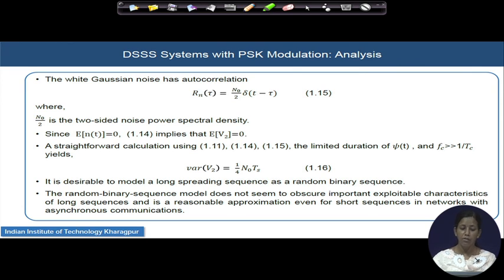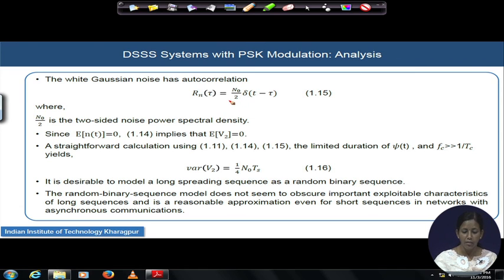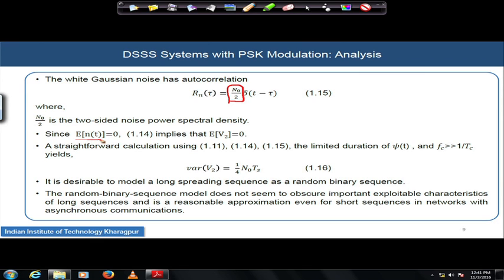To start with, we will look inside the white Gaussian noise process. As it is a Gaussian noise, it will have the autocorrelation function given by this classical expression, and we understand this N 0 by 2 is the two-sided power spectral density of the noise, and as it is a white Gaussian noise it has a mean value equal to 0.